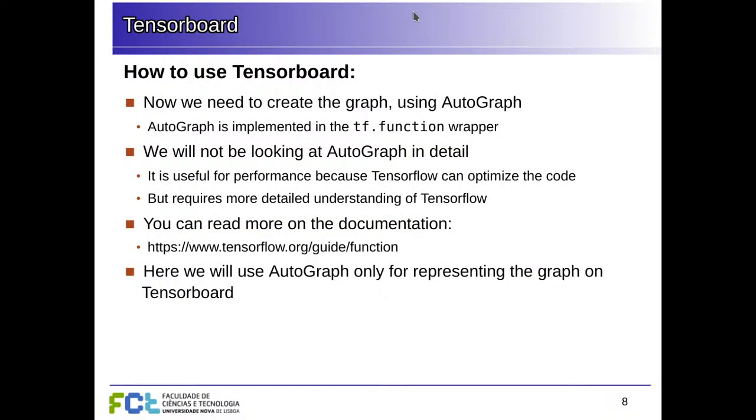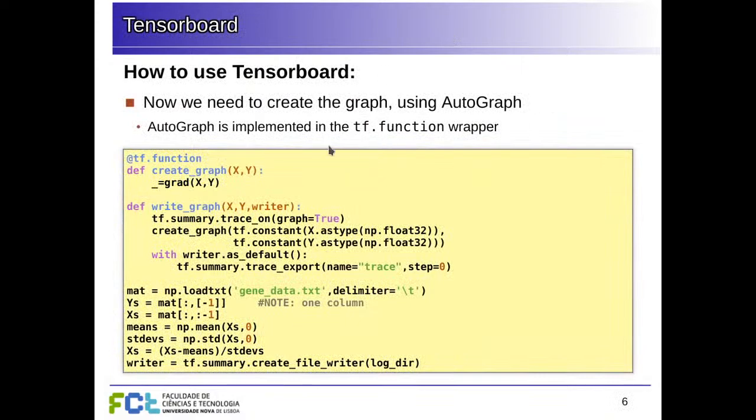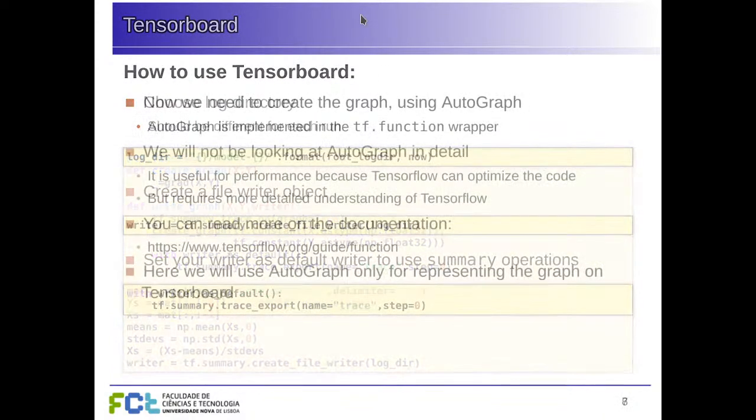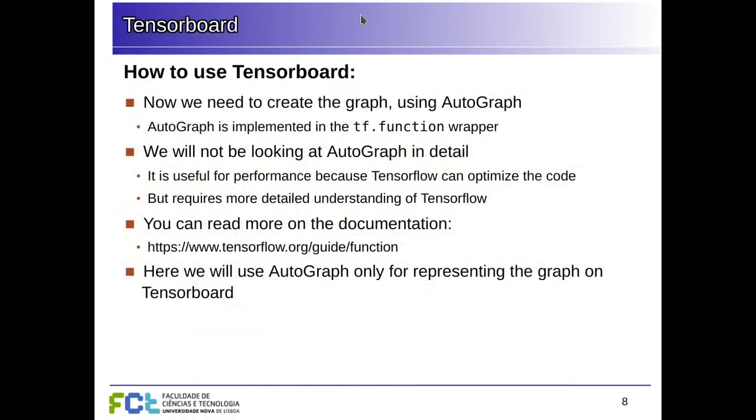Okay, so now we created the graph using autograph. This is implemented with that tf.function wrapper, like we saw here. And this can be used for optimization and so on, and you can tweak lots of things when you use this kind of execution mode in TensorBoard, where you create the graph first and then have TensorBoard execute it.